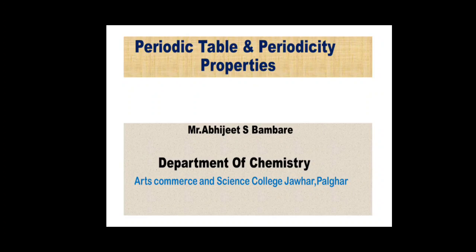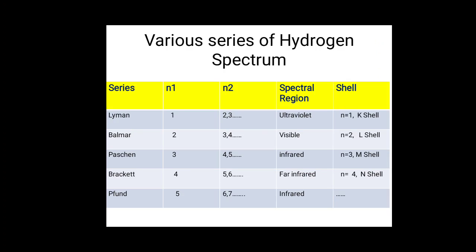So there are various series of the hydrogen spectrum that we learned in the last video. Let us just revise the various series of the hydrogen atom. It's an important part. The various series are the Lyman series, Balmer series, Paschen series, Brackett series and Pfund series, with N1, N2, spectral region and shell.